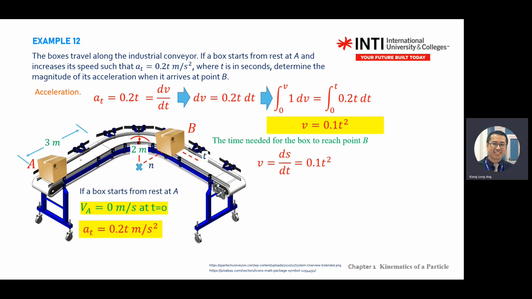What is s equal to? No, continue from here. Previously v equals something. Now I want you to solve for s. What is the displacement equation?